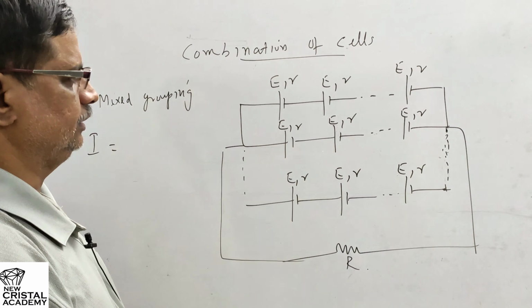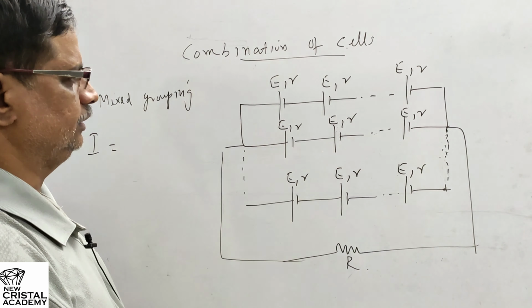M such rows are there in parallel, so the effective internal resistance will be nr by m, and the internal resistance comes in series with R, so nr by m plus capital R, or we may write it as mnE divided by nr plus mR. So this is the expression for current in series parallel combination of cells or mixed grouping of cells: mnE by nr plus mR.